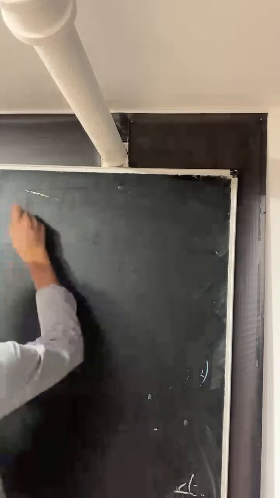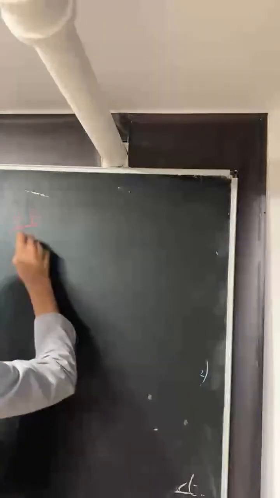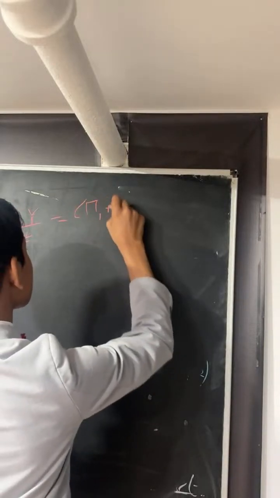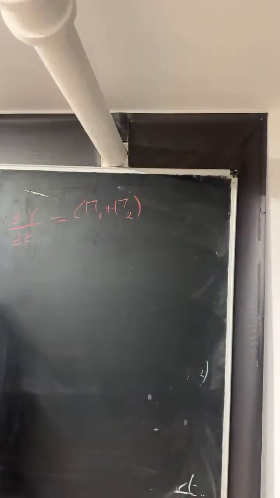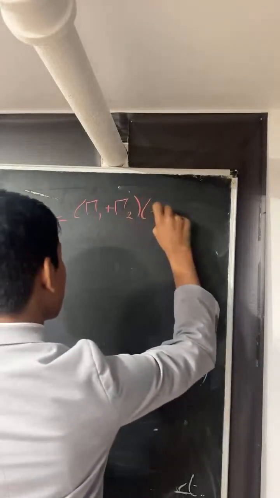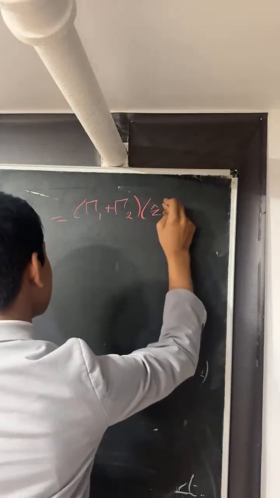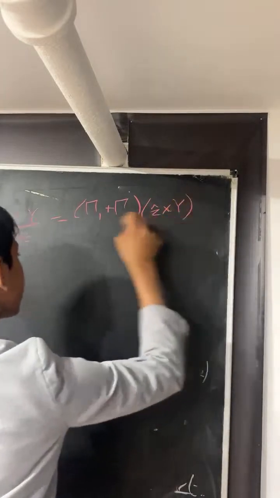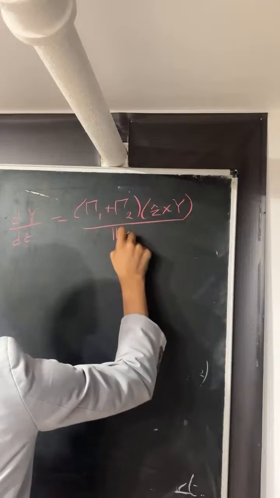Okay, dy/dt is equal to what? The sum of the circulations, or the vortex strengths, multiplied by z cross y divided by the magnitude of y squared.